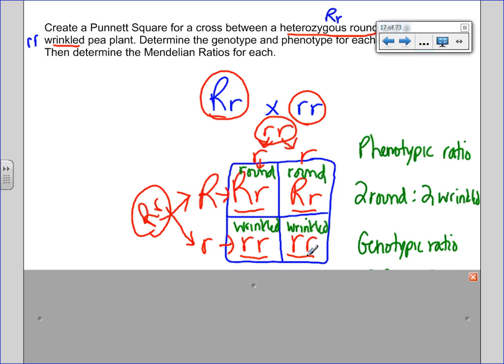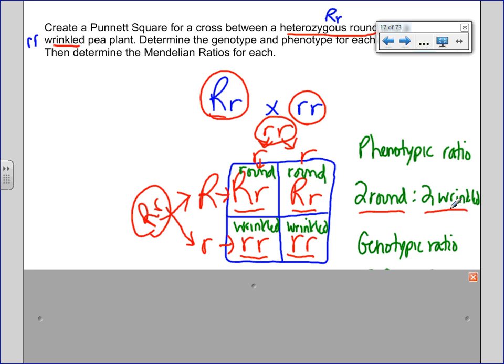The phenotypic ratio is what you see. We said there's two round, and the bottom ones are two wrinkled. So two round to two wrinkled. You could also say one round to one wrinkled, because 2 to 2 is the same ratio as 1 to 1.